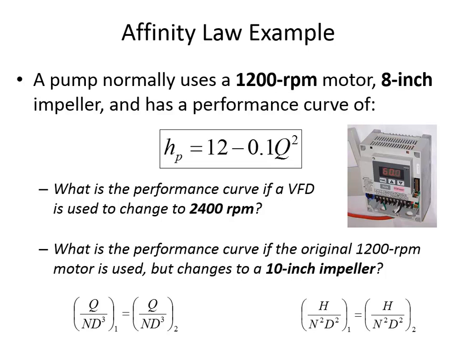And this is where, again, D1 equals D2, since it's the same pump, just spinning at a different rate. So that works out to H1 is N1 squared times H2 divided by N2 squared.